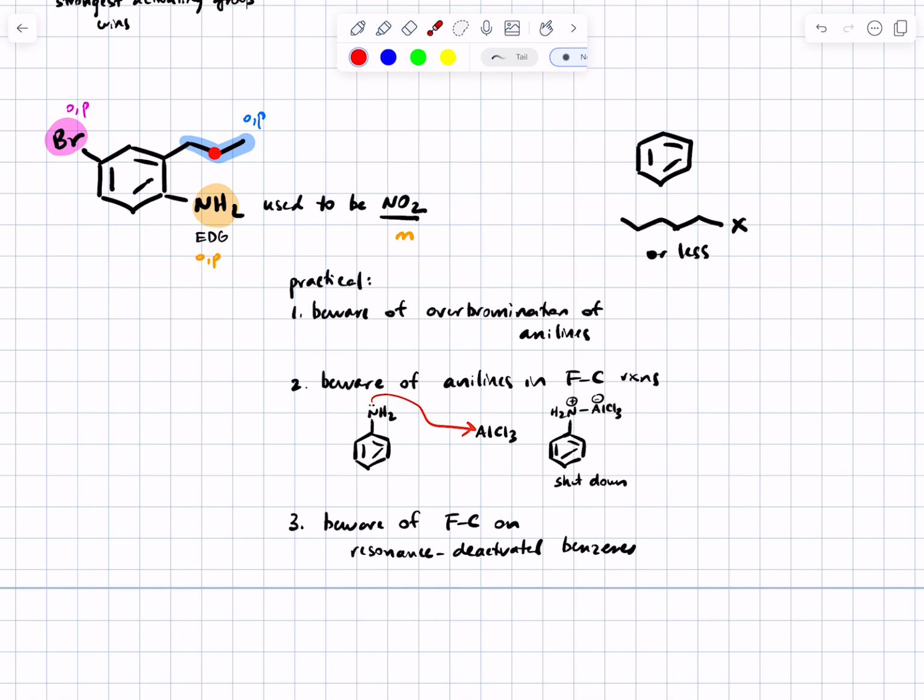I want the alkyl group to be there, but it can't go on when the aniline's already there. I can't also put it on if the nitro's there, because the nitro shuts down the Friedel-Crafts reaction. Those practical concerns tell me I probably want to do the Friedel-Crafts reaction first. All right?